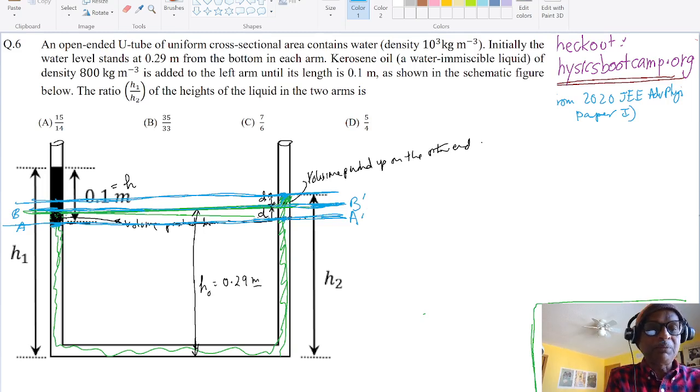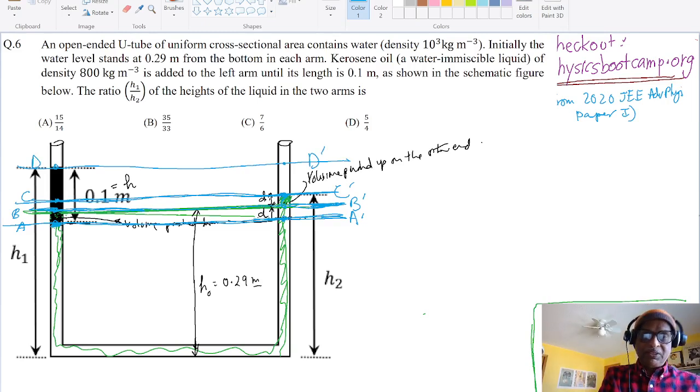This point is A prime, and this point is A. This point I'm going to call B, and this point is B prime. And this will be C, and this is going to be C prime. And then you have another level, this point D, and this D prime.